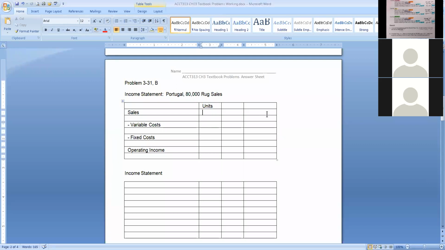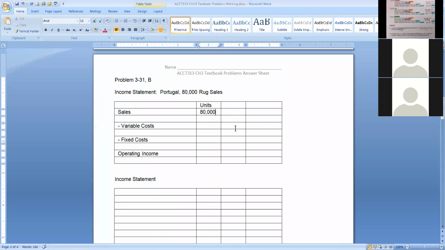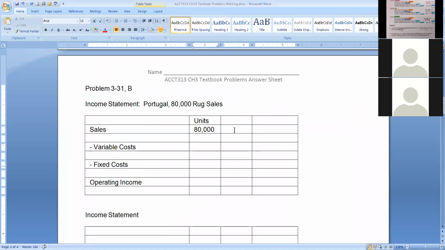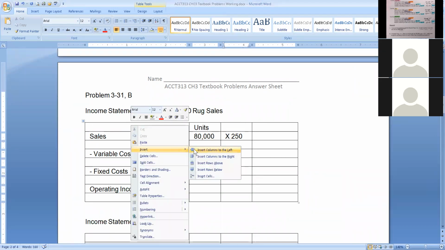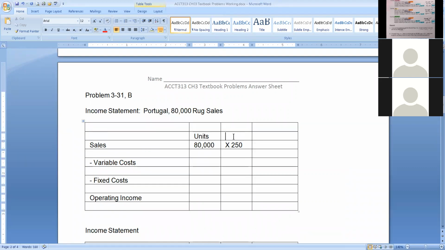Okay, so unit sales, I said was 80,000. And each one of those sells for 250. Let's say selling price.